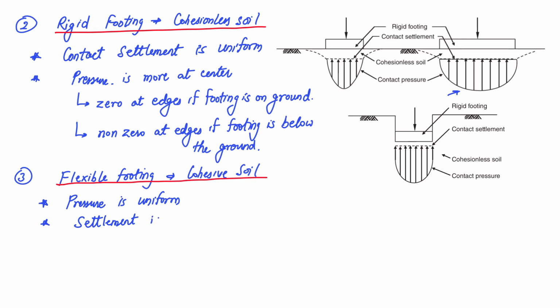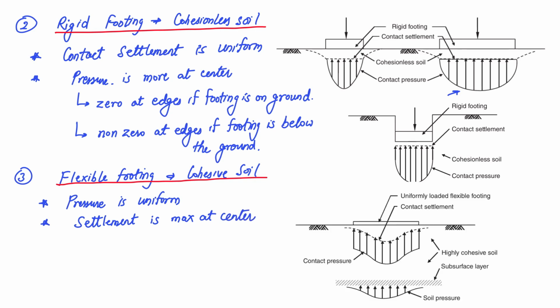That is, the maximum settlement is at the center, and this is because of the greater stress below the center of the footing in the subsurface horizontal layers, such as you can see here.